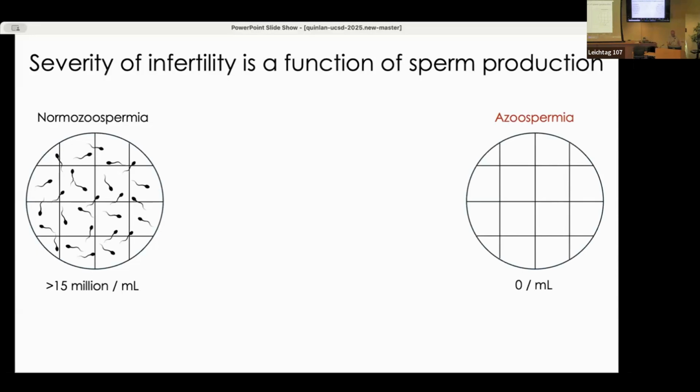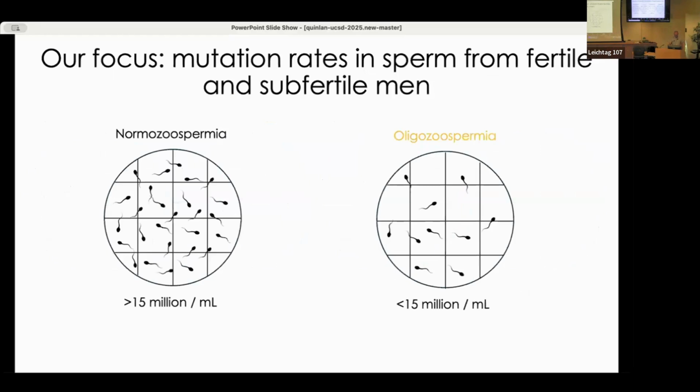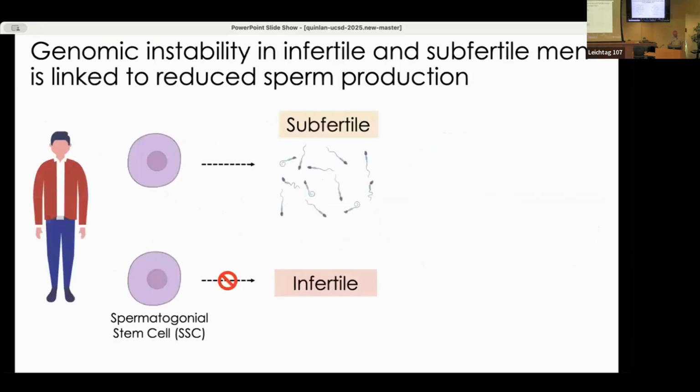Klinefelter's would be an example of that. In between are tiers of this, where you have cryptozoospermia, so really low sperm production. And then what I'm going to focus on today, which is probably the most common form of male infertility, is called oligozoospermia, where you're producing sperm, but at very low concentrations. So that's going to be the focus.